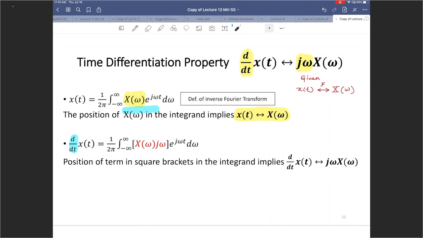Now let me ask you an interesting question here. When we used the time derivative property of the Fourier series, at some point we had to go back. And the way we went back is by dividing by j omega k. You guys remember that? You differentiated the signal.